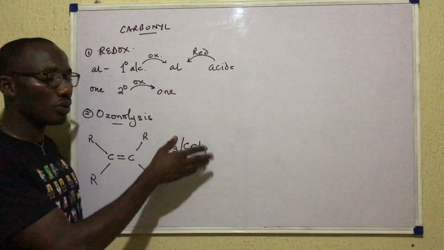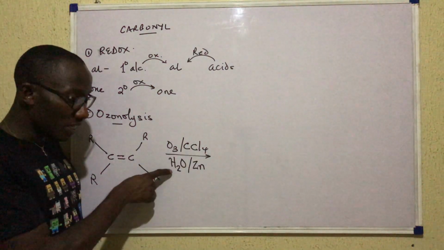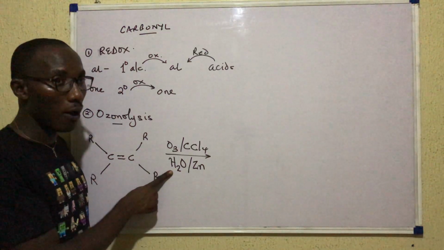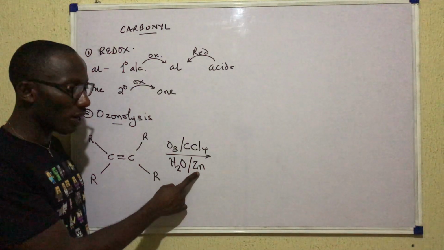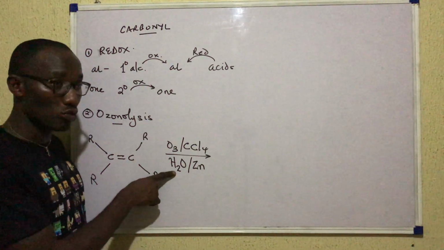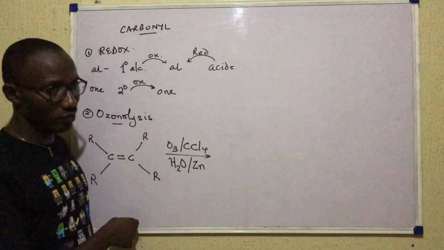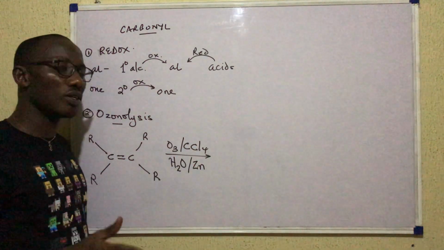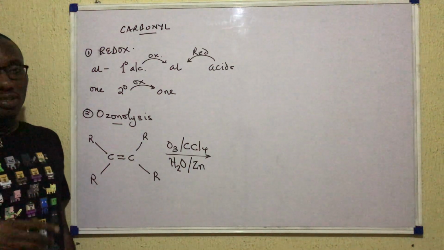After it has broken down our ozonide into two halves, the water becomes hydrogen peroxide. And that's why this zinc should be there to reduce the hydrogen peroxide so that it does not tamper with any of our products. But please, under exam conditions, you may spare yourself all of those details except you're expected to tell them.